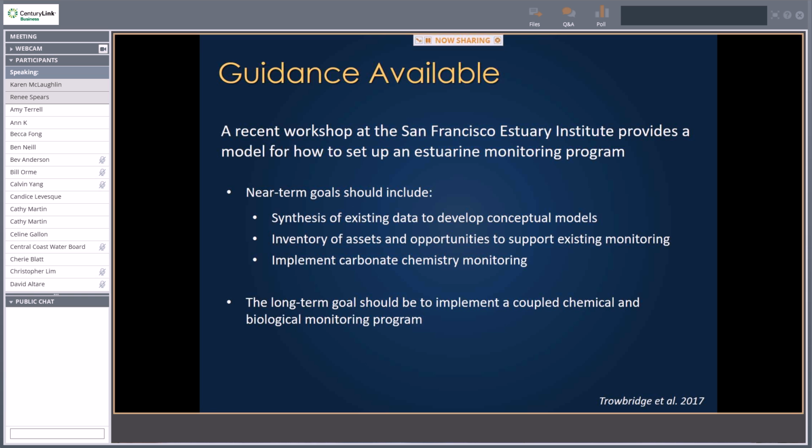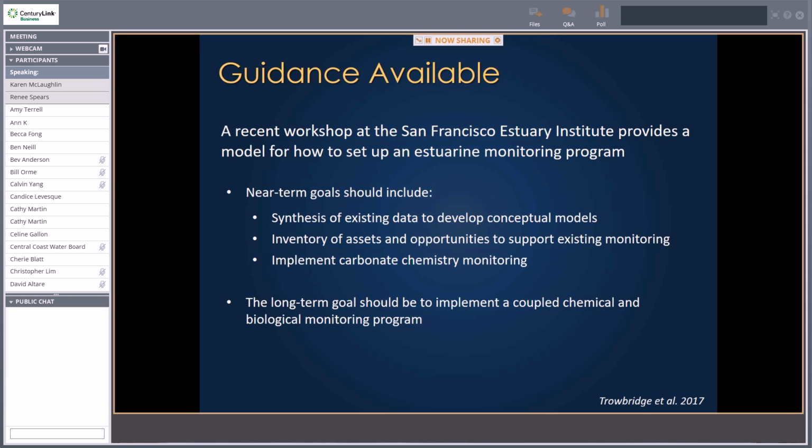In the near term, you synthesize your existing data and inventory all your assets to implement a carbon chemistry monitoring program, while over the long term, you start looking for additional opportunities to fill in any data gaps from your synthesis, and then add in biological monitoring as well to develop a complete acidification monitoring system.